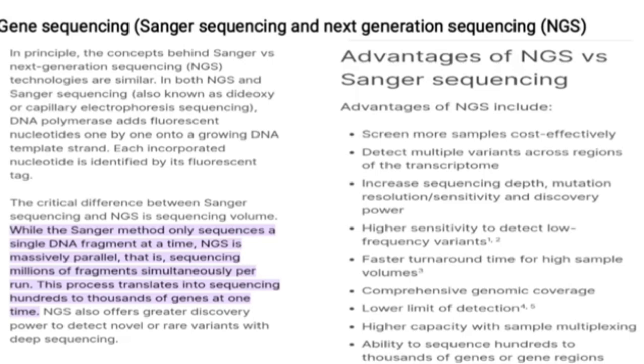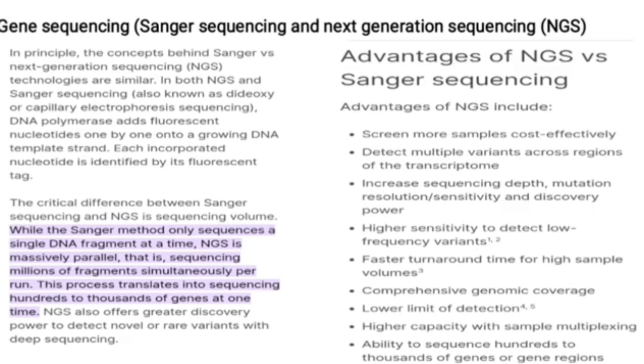Okay? If it's genome, you are talking about the entire genetic makeup of an organism. So determination of the number and the position of all the nucleotides in the entire genome of an organism, that is genome sequencing. There are two major approaches that are used: the Sanger sequencing and next generation sequencing.